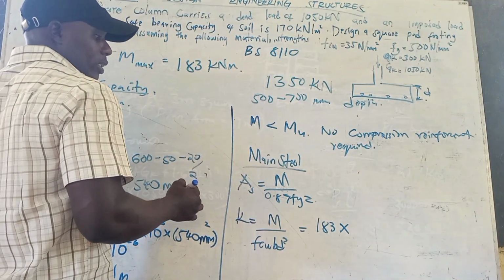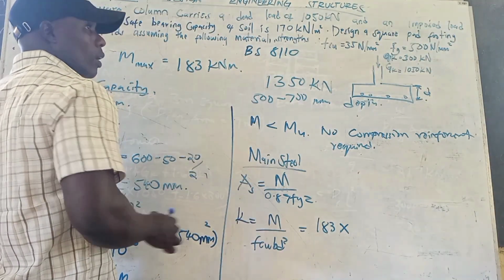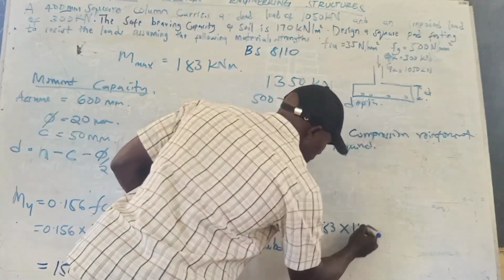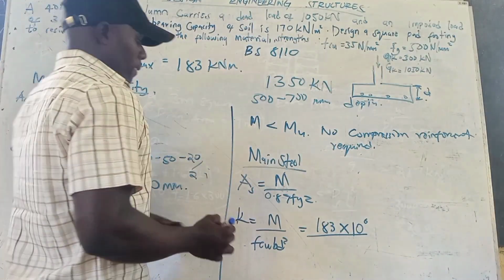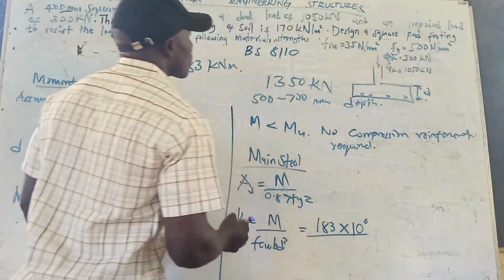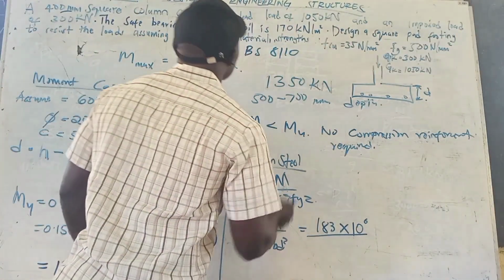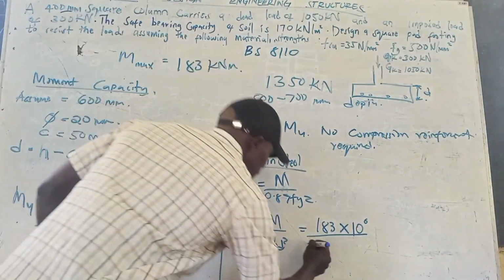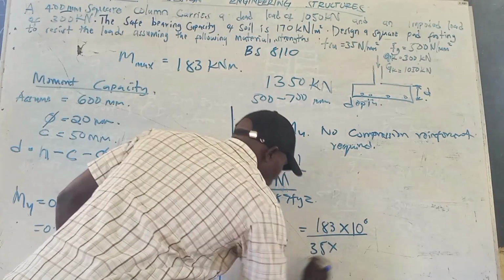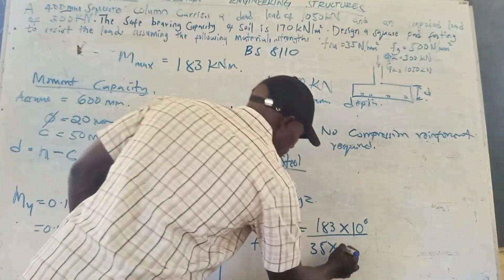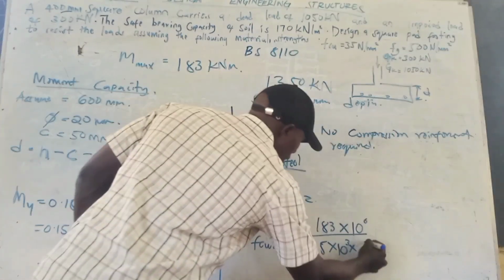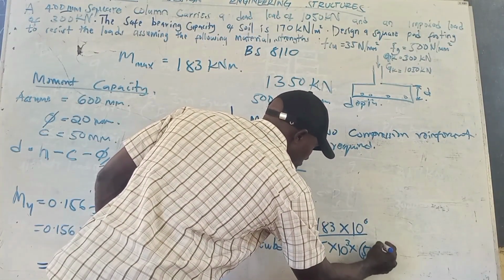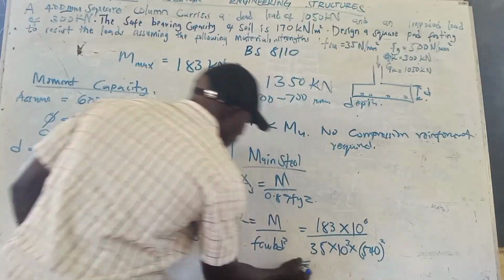We change it to Newton millimeter, so times 10 raised to the power 6, over concrete strength of 35, by the breadth 10 cubed, by the effective depth squared, 540 squared.